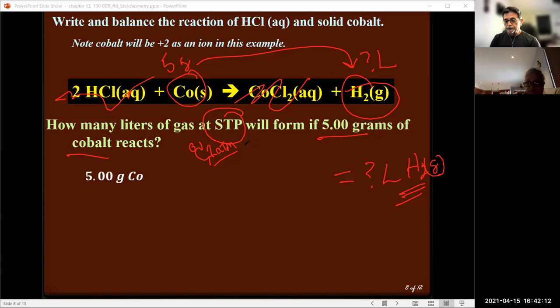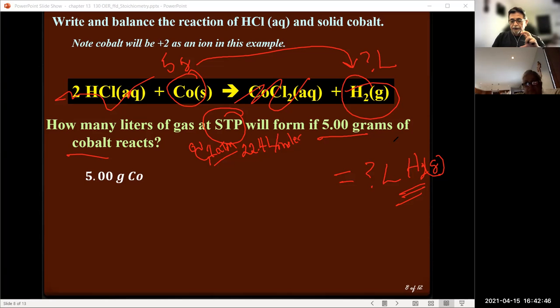So under those conditions, I know that 1 mole of gas would occupy 22.4 liters per mole. So I have a conversion factor here that I may need to use, but it's available. And that's liters per mole. Don't forget the full units. It's 22.4 liters. Don't forget, it's liters per mole. It's a ratio.